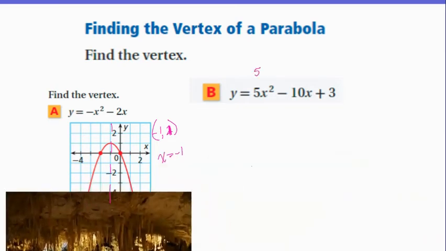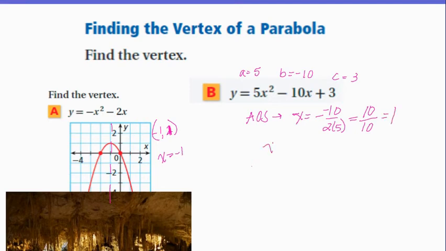I'm going to use my formula, a equals 5, b equals -10, and c equals 3. I'm going to use my axis of symmetry formula first. X equals -10 over 2 times 5. So I'd get +10 over 10, which is 1.